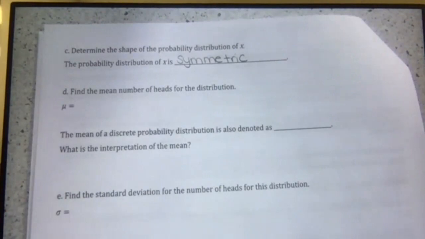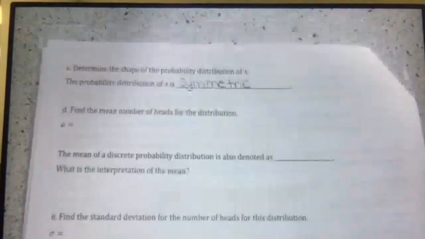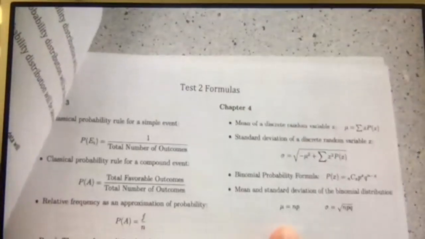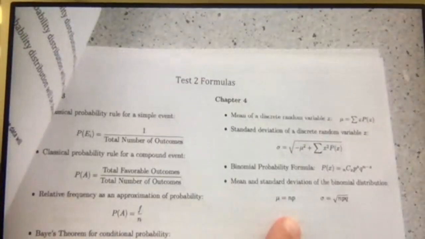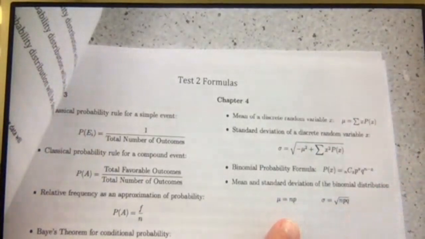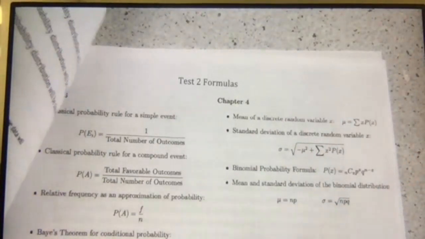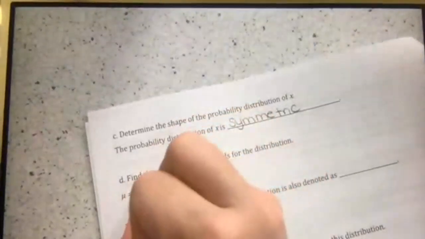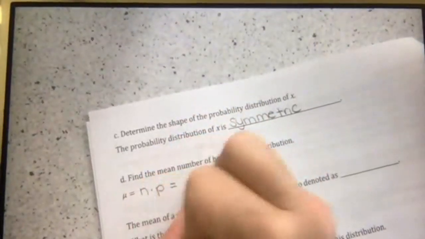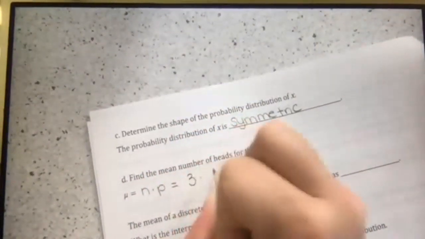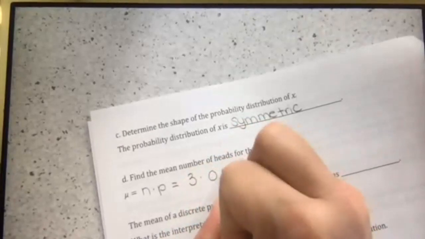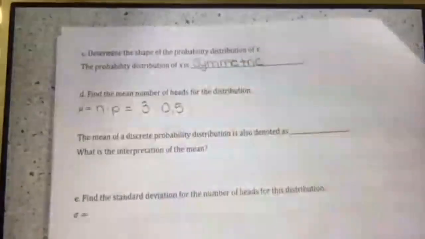Next, it says find the mean number of heads for the distribution. So our mean, which is our mu, going to our formula sheet, it tells us mean and standard deviation for binomial distributions. So n times p. This is an easy formula, so we're just going to use this one. n is our number of trials, which is 3, times p, which is our probability, 0.5.